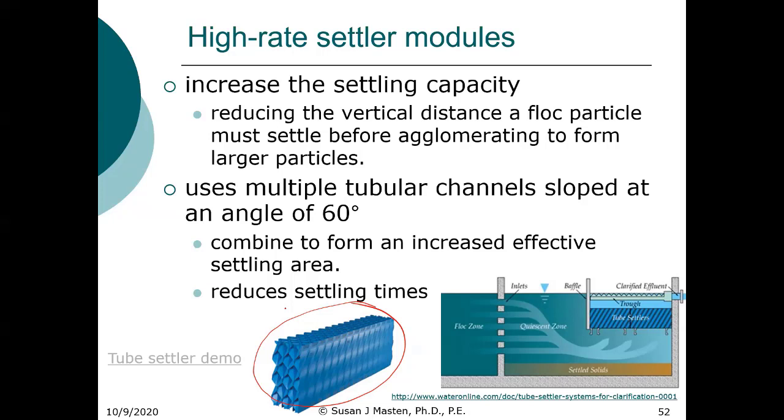That is used because you get increased settling, reduced settling times, and it increases your area significantly. You can see it here. If this is the sedimentation basin, and you add these tube settlers, you've increased the effective area by a very significant amount.